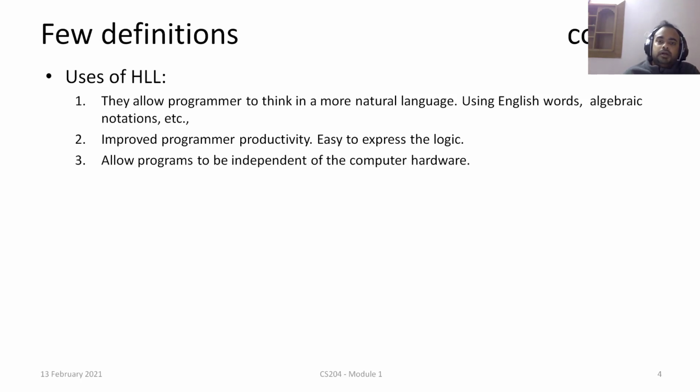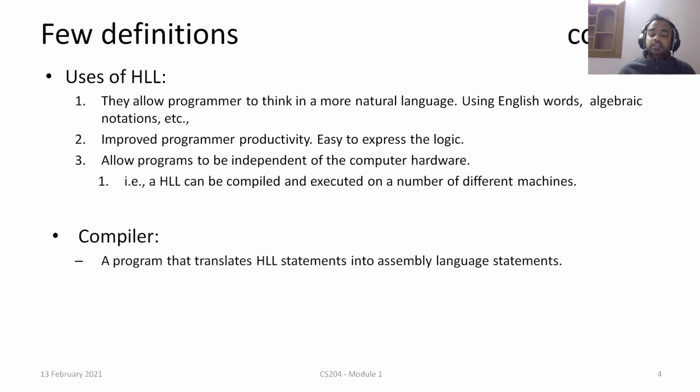And like I have already mentioned earlier, the programs that we write are not tightly bound to the hardware. So we can write a program and that can be run on multiple different hardwares without any loss in its accuracy or the action that program needs to perform.